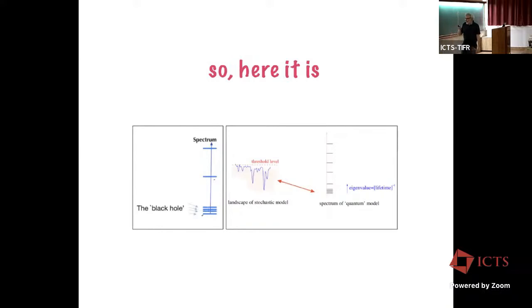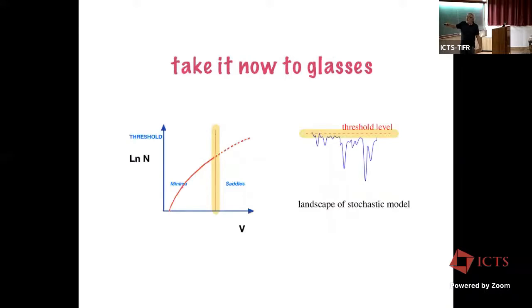Well, to be more precise, when you're doing glassy dynamics, you're moving in this threshold level, which is where most of the states live. There are a few of those, and you have more, until you get to a level where all the metastable states become unstable above that.